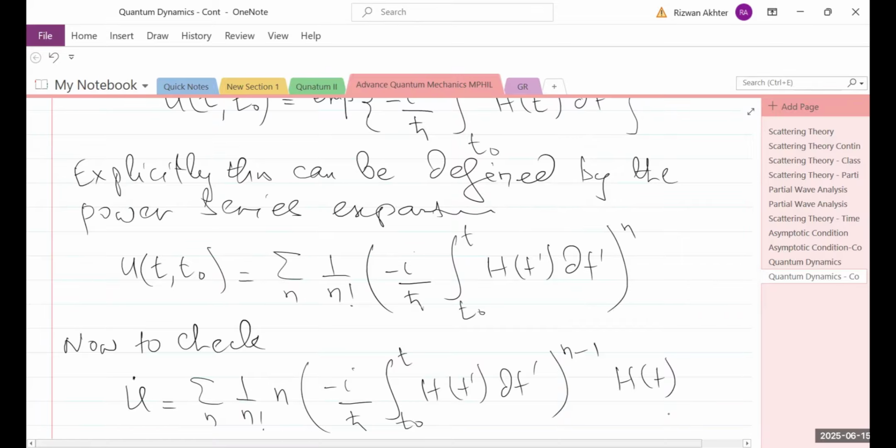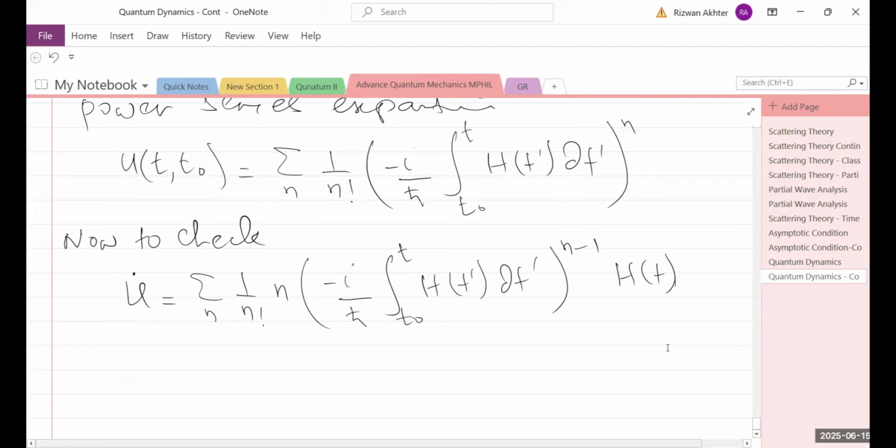और अगेन हम क्या करें, taking m is equals to n minus 1.